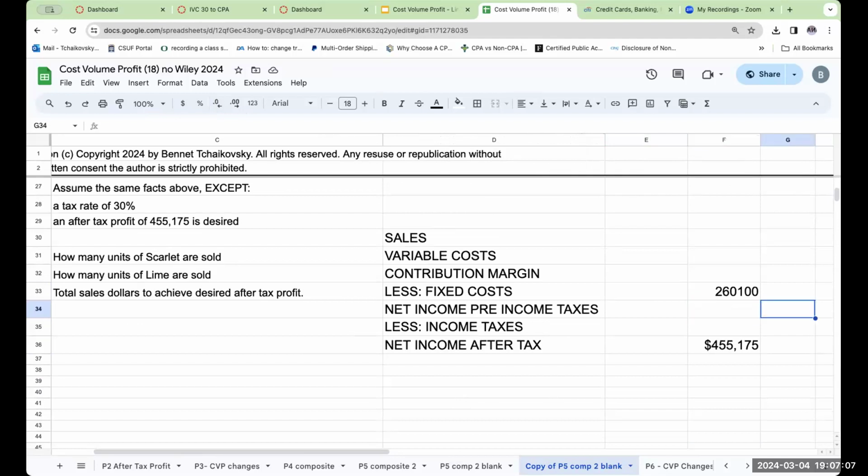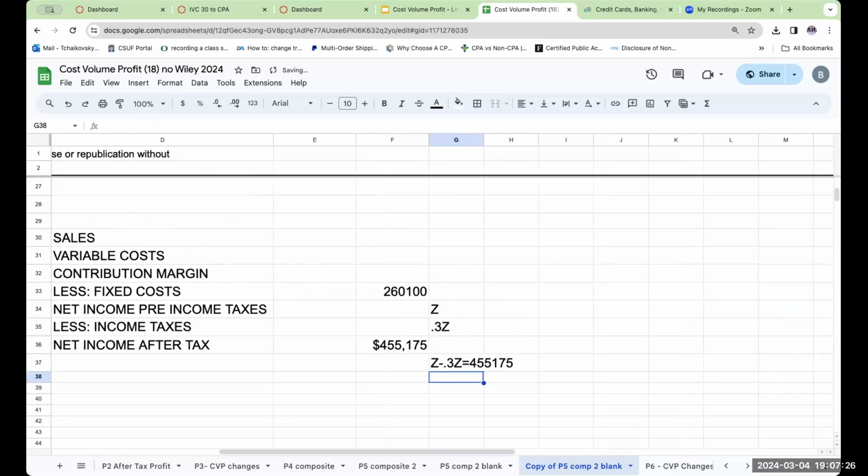Well, if I have a tax rate of 30%, if I call this Z times 0.3, or 0.3Z, and I write this as an equation, I get Z minus 0.3Z equals 455,175. So 0.7Z equals 455,175.